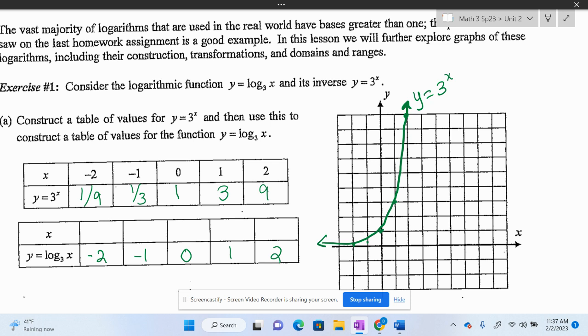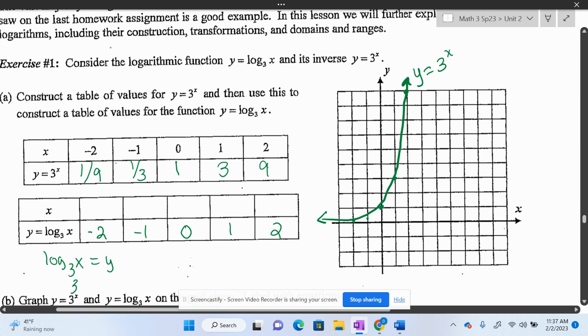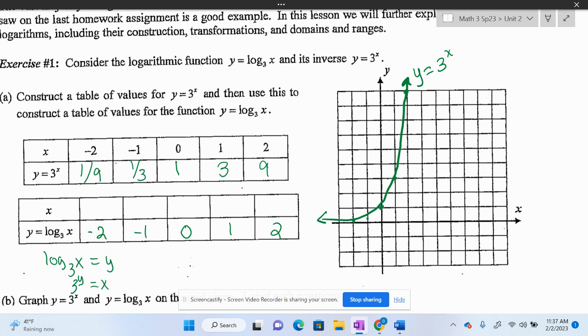And I'm going to think about what this says. Log base 3 of x equals y says 3 to the y power is x. That's what that means, right?